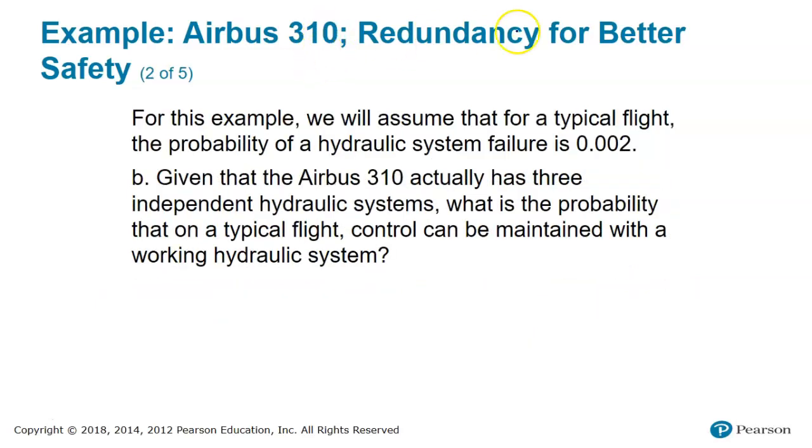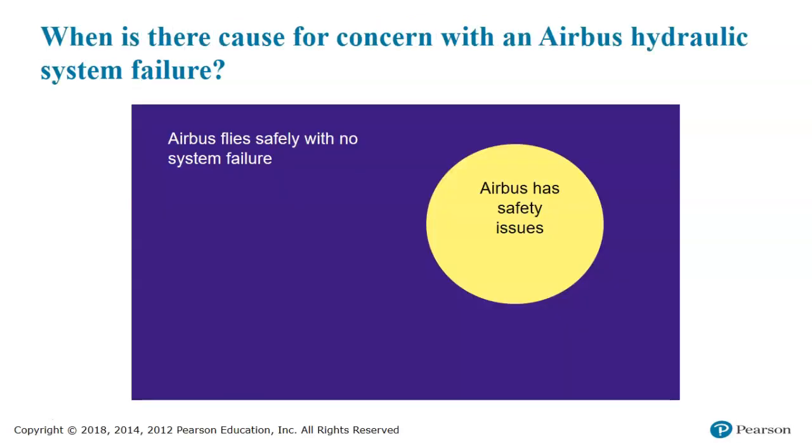Right, so on this one, again, we're using the same failure rate. Given that the Airbus 310 actually has 3 of these independent hydraulic systems, what's the probability that on a typical flight, control can be maintained with a working hydraulic system? So before we do the calculation, I want you to think about this a little bit. We've got 2 scenarios. Either the Airbus flies safely, has no system failure, or it has some kind of safety issues.